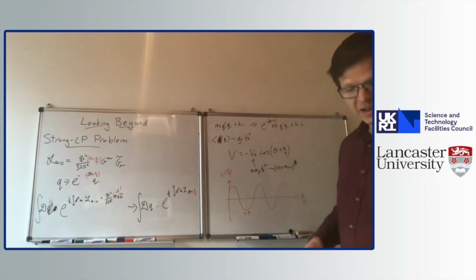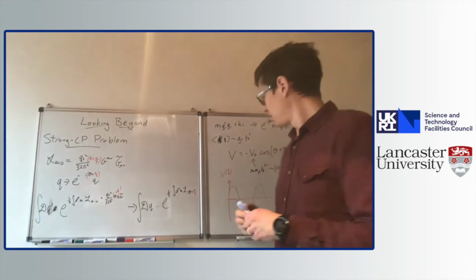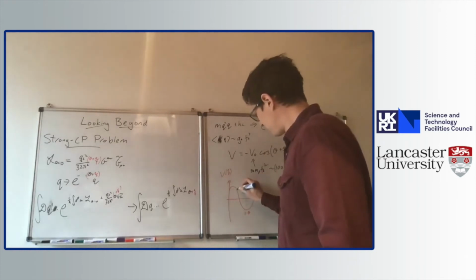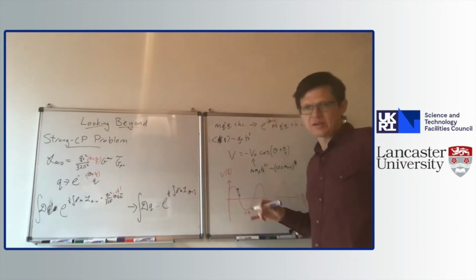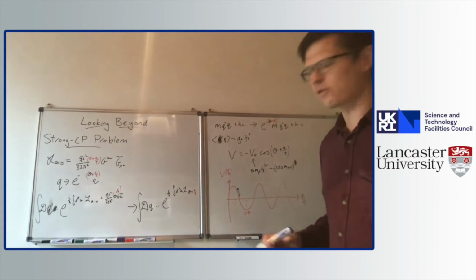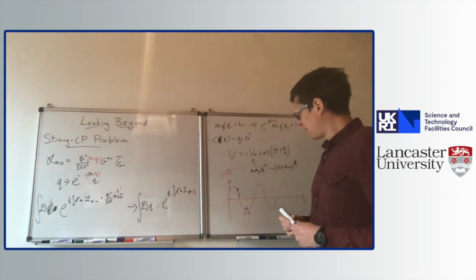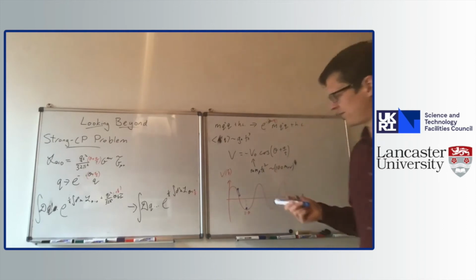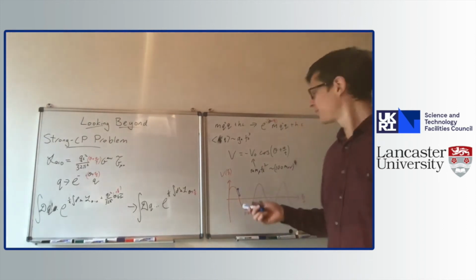And so we see that even if you started with the scalar field up here, it would roll down the slope, and it might oscillate around a bit, and this is exactly what would have happened in the early universe, for instance, but it will come to settle at this point here, where a over f is equal to pi minus theta.